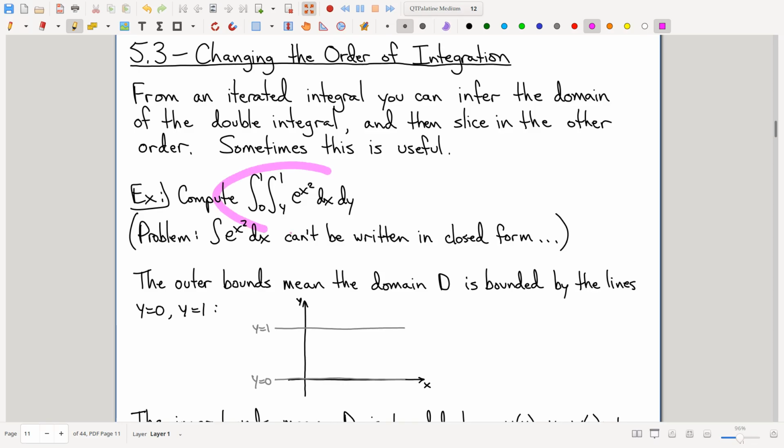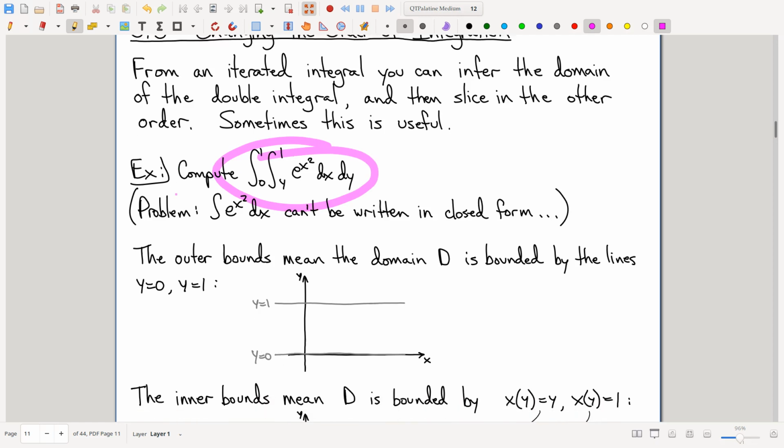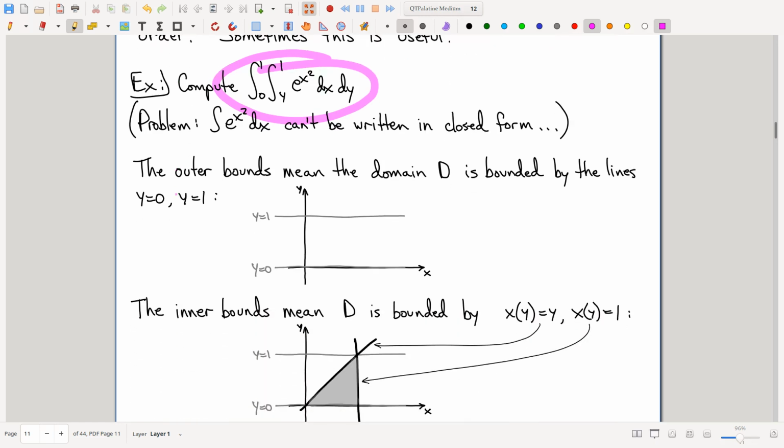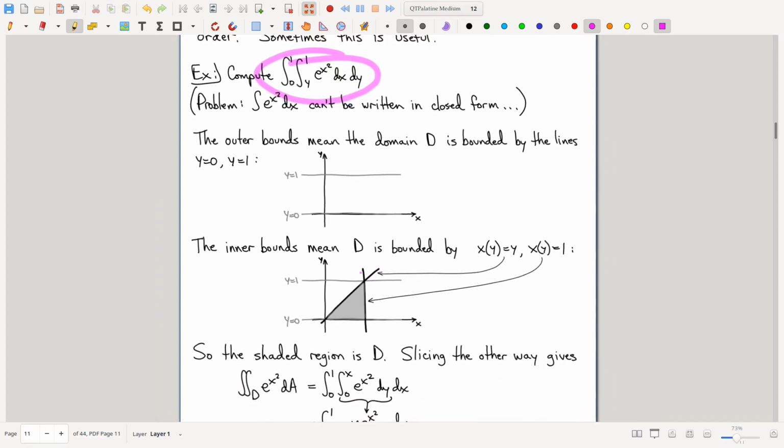If you have an iterated integral to compute, one thing you can do is reverse engineer what was the original double integral in the first place. In fact, you can find exactly what this domain is for the double integral. Now, normally we don't go that direction. Normally we take double integrals and we turn them into iterated integrals.